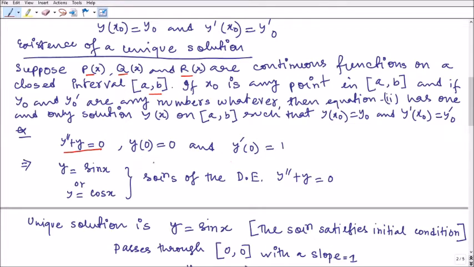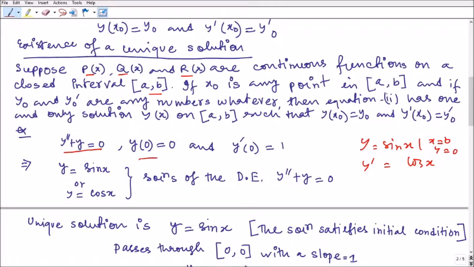So if y equal to sin of x is the solution, then y dash equal to cos of x. From this equation, you see that y equal to 0 at x equal to 0. So putting x equal to 0, we get y equal to 0.